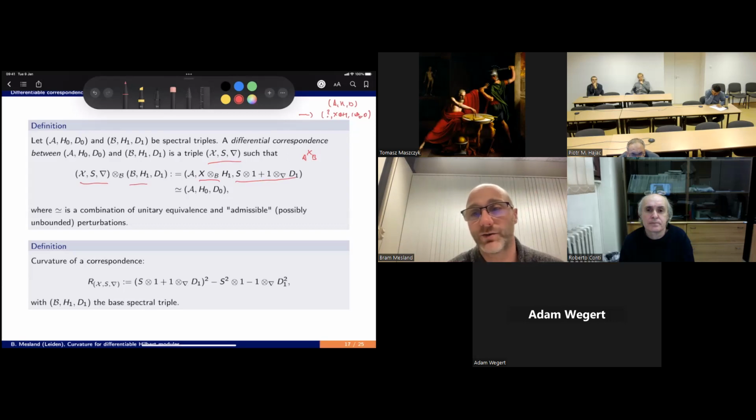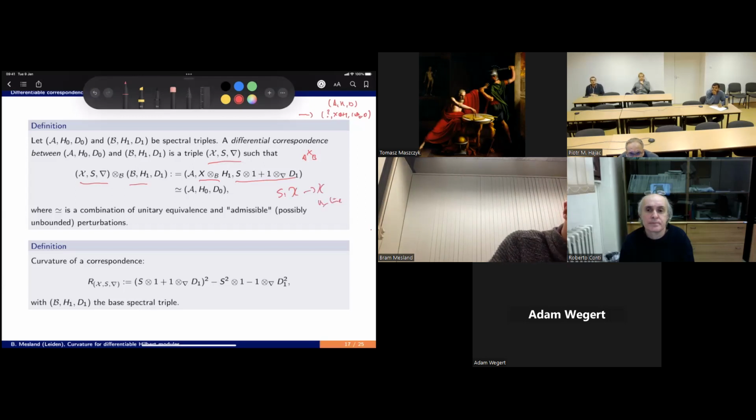There are all kinds of technical things going on, but suppose that you have this setup, then this works, and there are many examples of this. Then the spectral triples are linked by this triple (X, S, nabla). And what is S again? S is an operator from where to where? S is an operator from X to X. And it's B-linear.